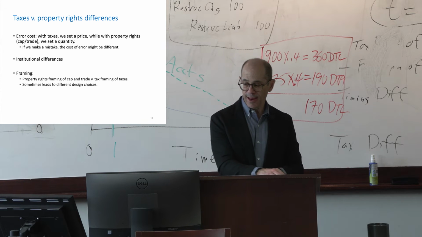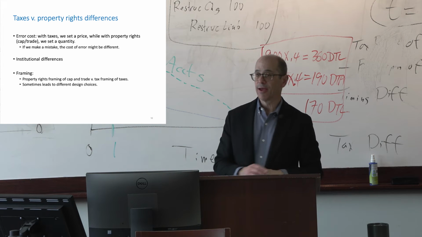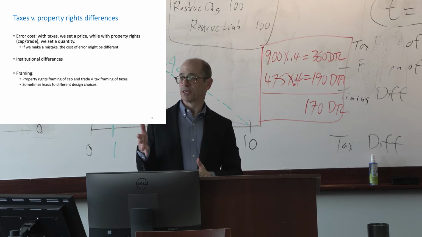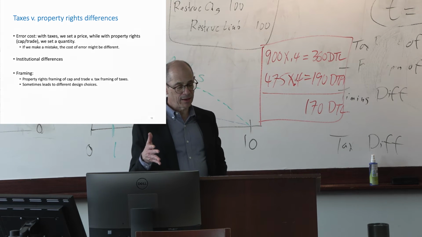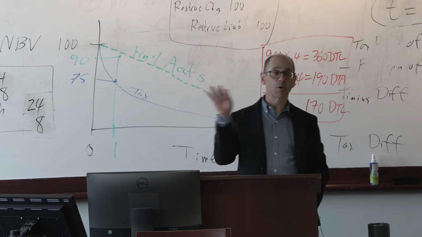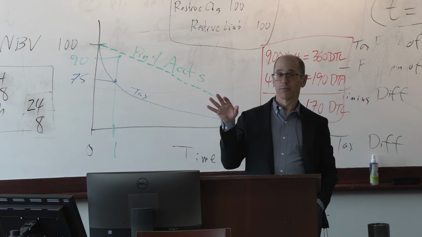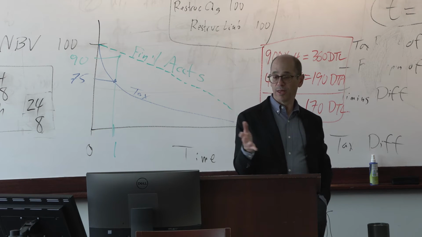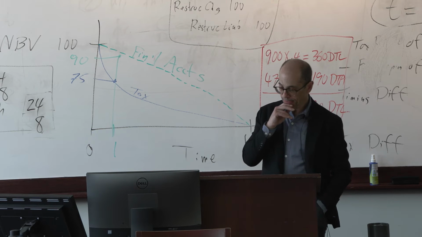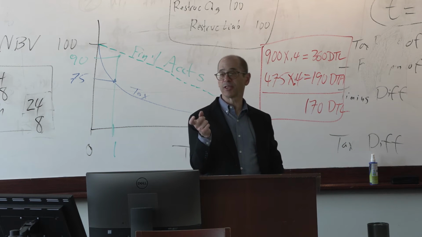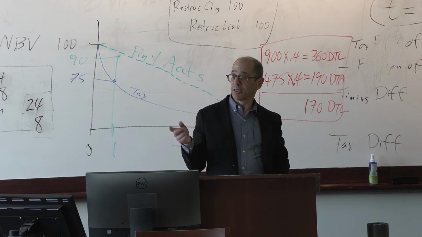Okay? That's the idea. Now, they differ in the consequences of being wrong. Think about setting a tax, a price. The government sets the price, but quantity can vary. Right? The market determines how much to pollute for any given price. So you can think about the tax system as having a fixed price, but flexibility on quantity.